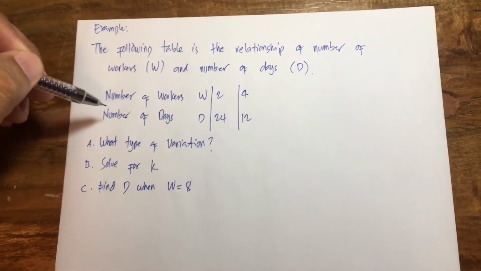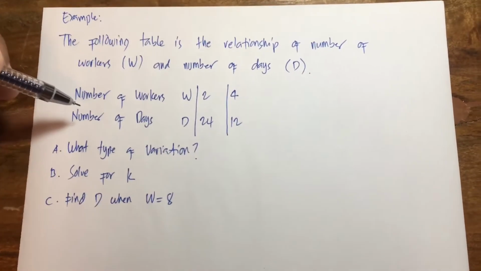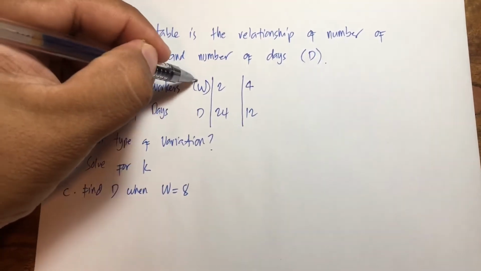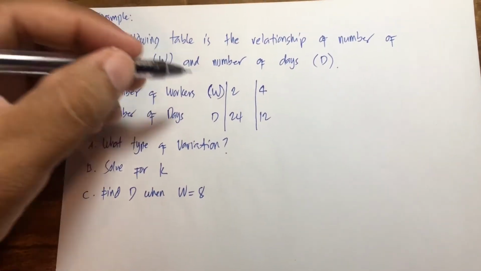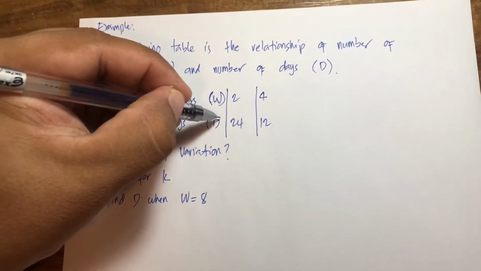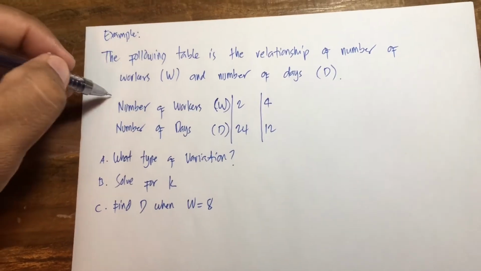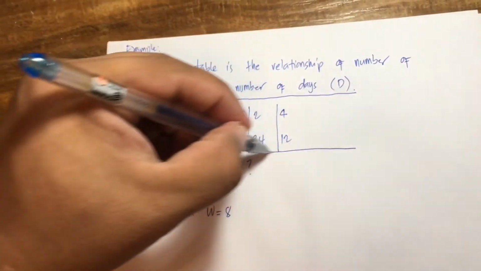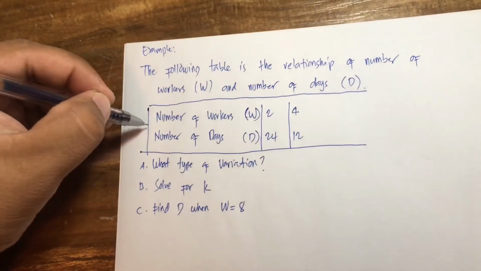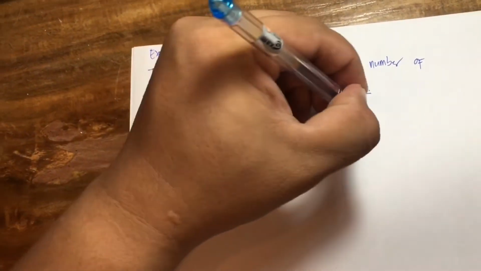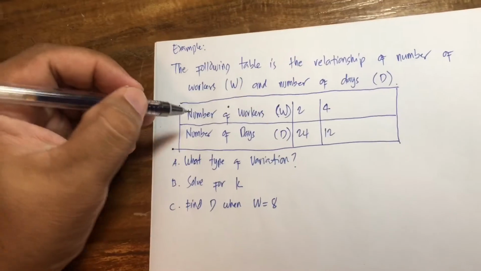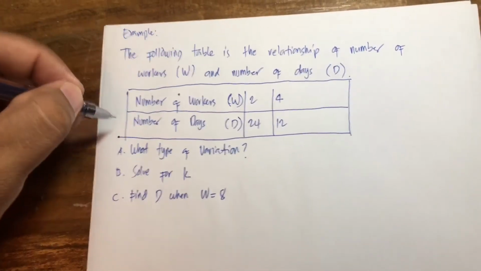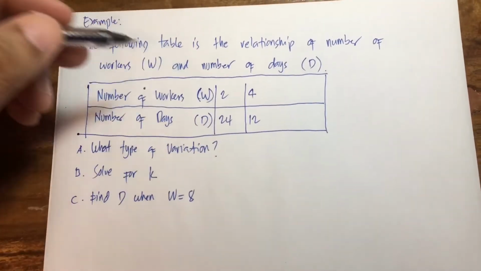The following table is the relationship of number of workers W and number of days represented by D. In our first row is the number of workers, and our second row is the number of days.